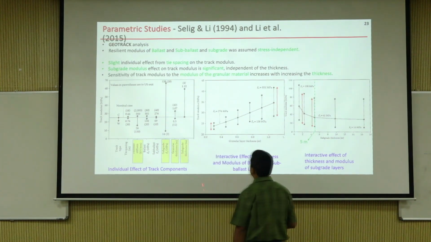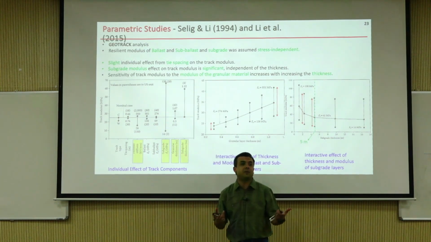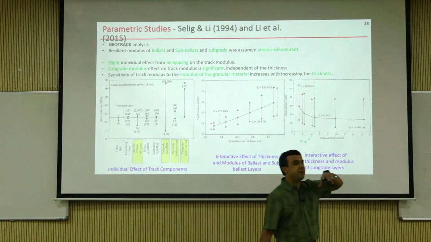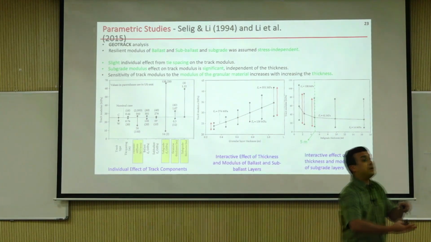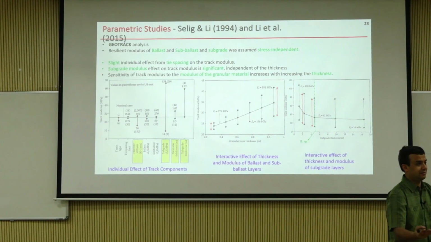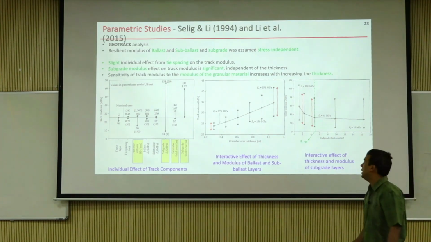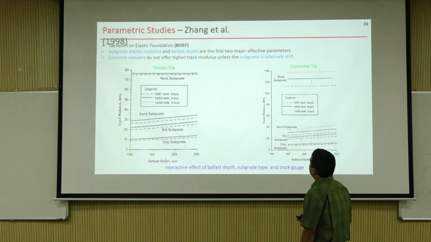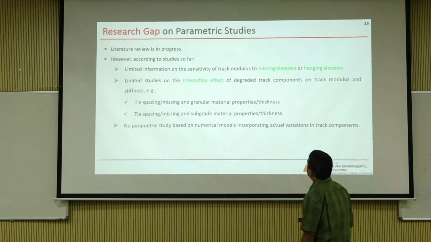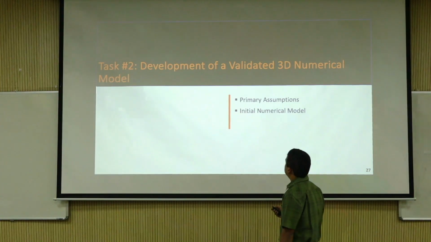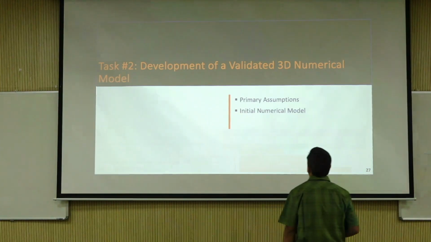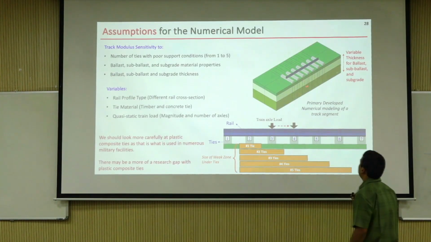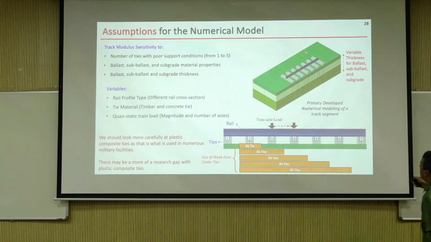Similarly, subgrade thickness. Now you will ask, what is subgrade thickness? Because subgrade is semi-infinite in the analysis, right? But at what point are you hitting bedrock? Because bedrock is going to support pretty well, right? Beam on elastic foundation. You know this already. What we are trying to do is study this.